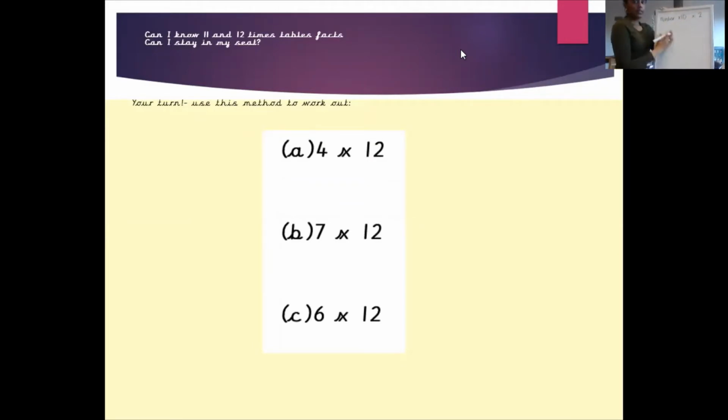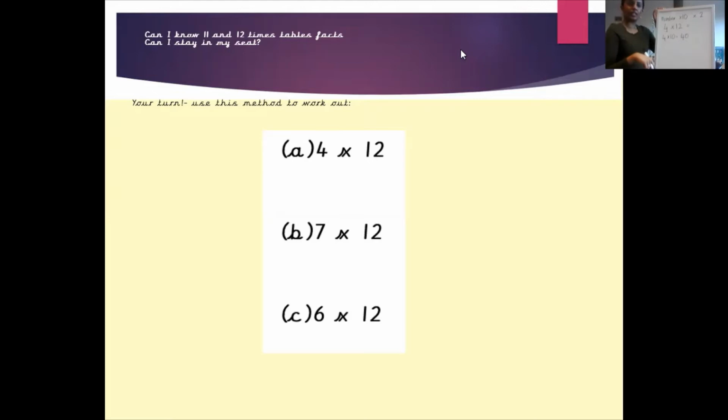So if I'm doing 4 times 12, hopefully that's visible on your screen at the moment. So what I would do first is 4 times 10, which equals 40. And then I would do the number we're timesing by, which is 4.